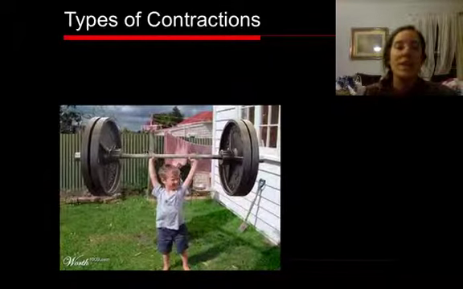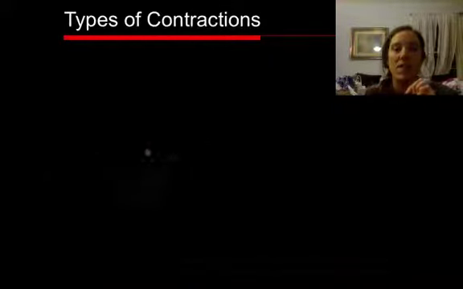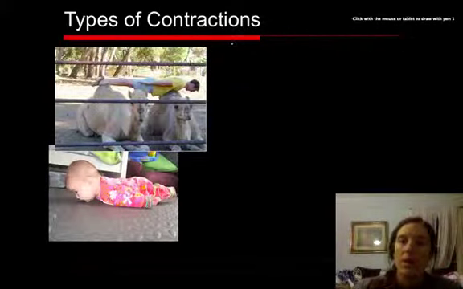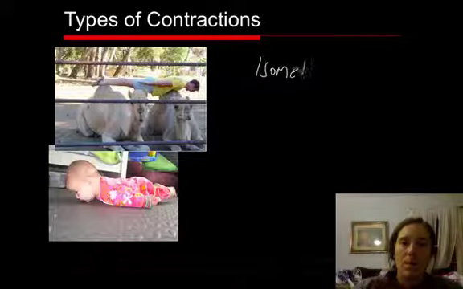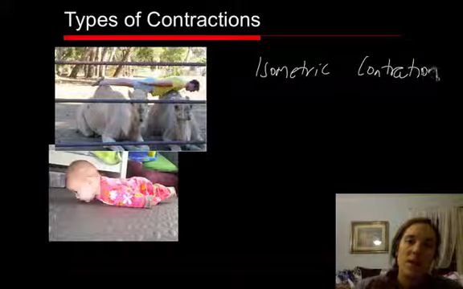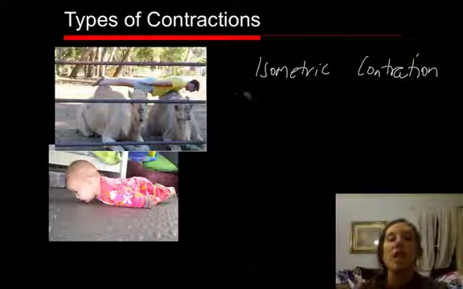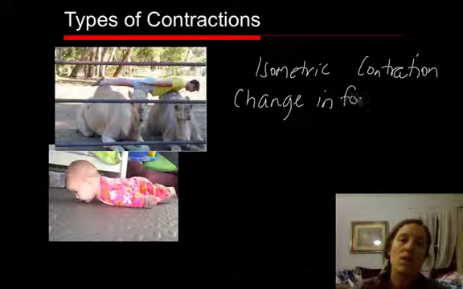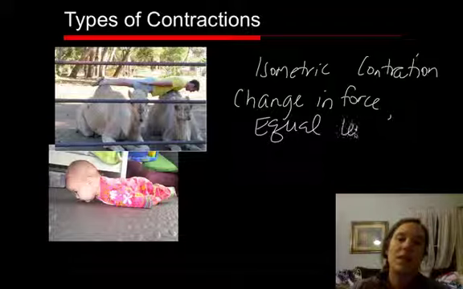All right, the next type of contraction that we see is an isometric contraction. Isometric contractions are the opposite. Instead of having a change in length, we have a change in force, and muscles stay the same.